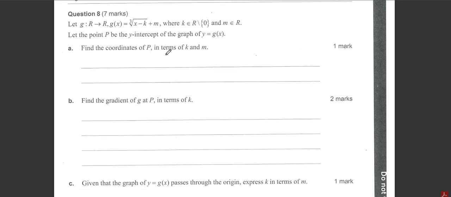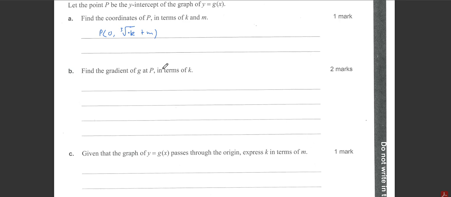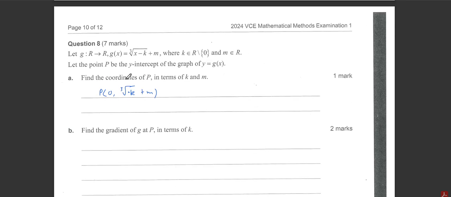Let g of x equal this cubic, not cubic, the inverse of cubic. And let p be the y-intercept. Okay, so just substitute x equals 0, p is 0, cube root of negative k plus m. Find the gradient of g at p in terms of k.